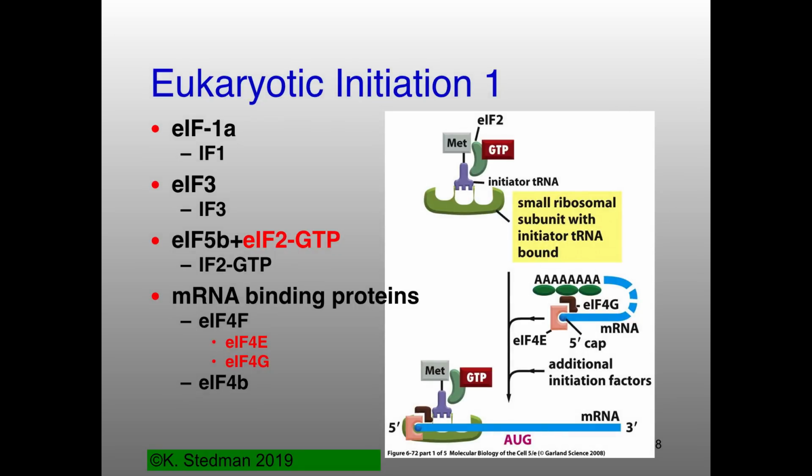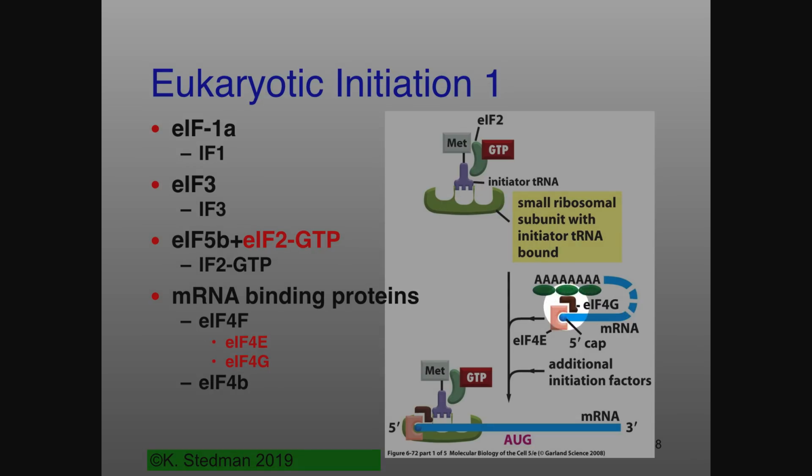That is what gets put on to help the messenger RNA get out into the cytoplasm. Once it's there, it gets exchanged for eukaryotic initiation factor 4E. 4E and 4G associate with each other, and 4G is a real bridge between the cap and the poly A tail, or rather the poly A binding protein, which are these green ovals right here.